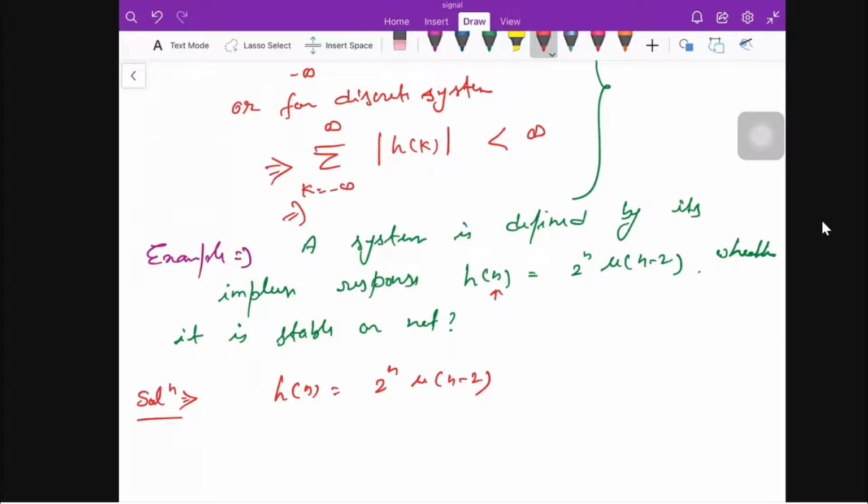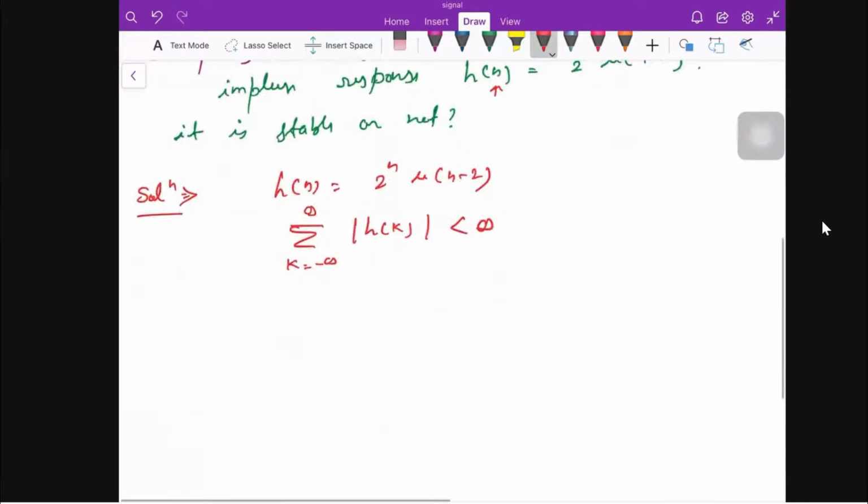So h[n], you have to replace with k. So the summation k equal to minus infinity to infinity, first write it down, mod of h[k] should be less than infinity. Now just put this value over here: the summation k equal to minus infinity to infinity of 2 to the power k u[k minus 2].